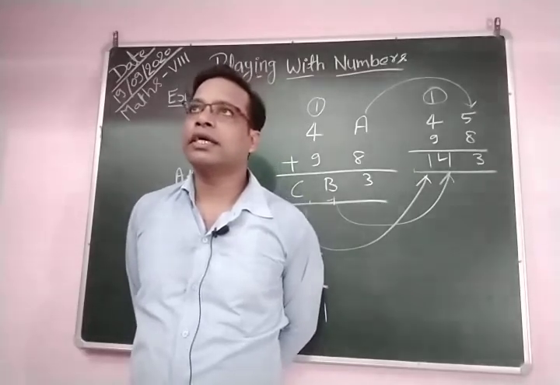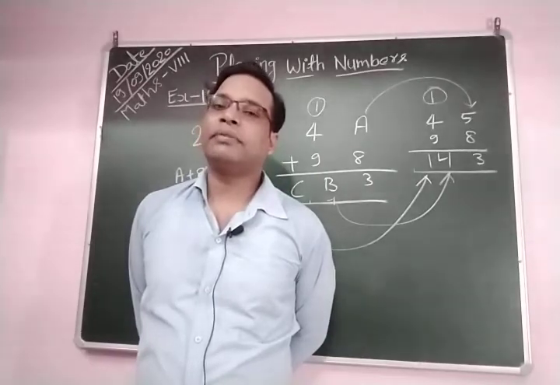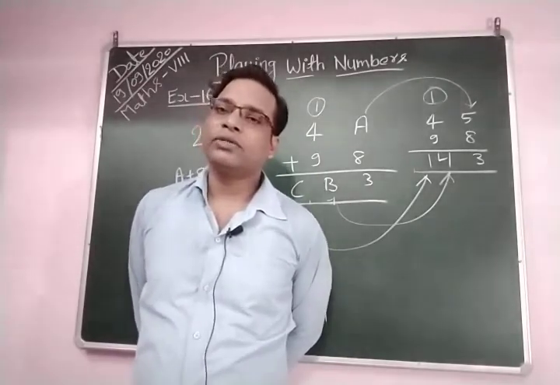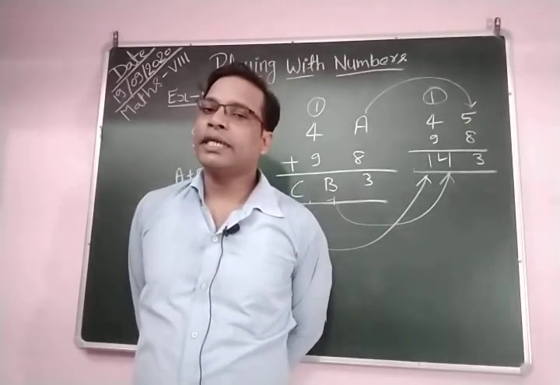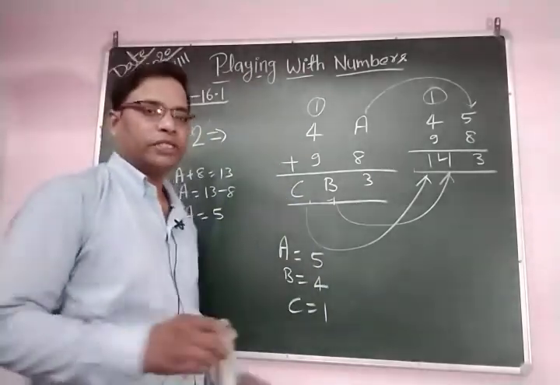And if you multiply 6 by 6, the unit place digit is 6. So there are a lot of possibilities to replace A, but let's see how to solve this question.